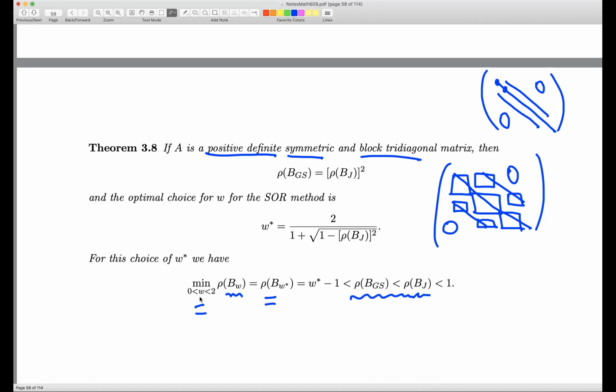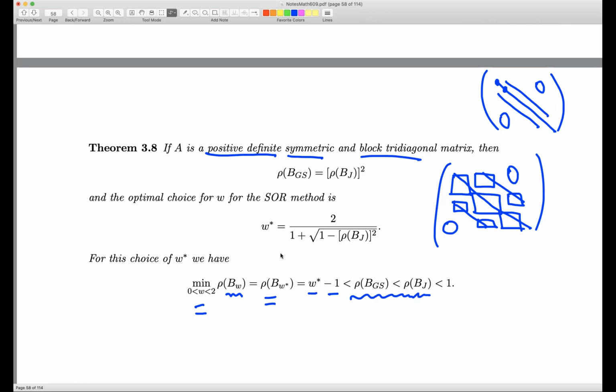So there is an omega in this interval which will give you the smallest spectral radius. And the formula for this smallest spectral radius is omega star minus 1. And this spectral radius will be smaller than the spectral radius of the Gauss-Seidel matrix, and the spectral radius of the Jacobi matrix.